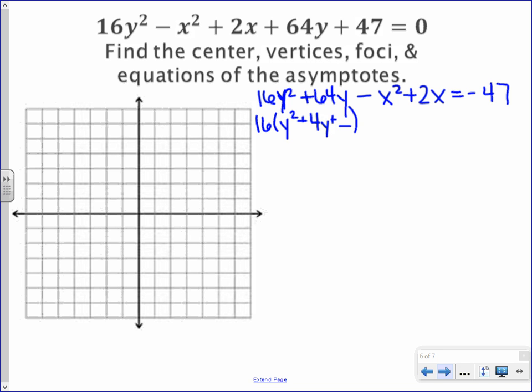Technically, what is the coefficient of x squared? -1. This is where the algebra part gets a little tricky. With the hyperbola, we're always going to have to factor out a negative coefficient. So we factor out -1, which means left over is x squared minus 2x.